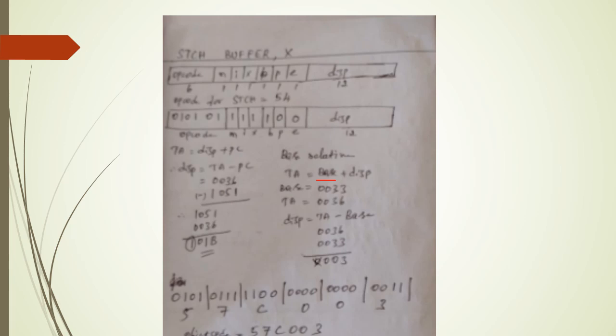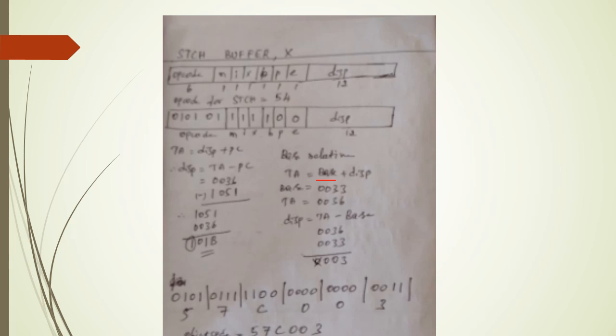So the base register value is 0033. How did we get to know that it is 0033? How do we set the base register value? By executing the assembly directive BASE that you have in line number 13.